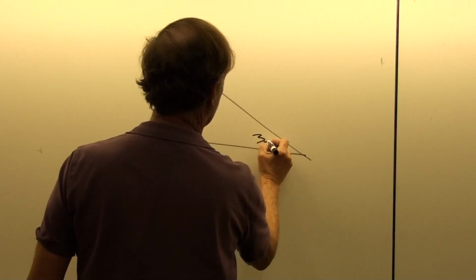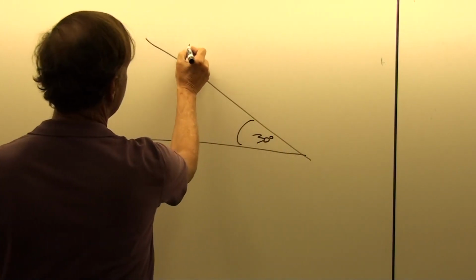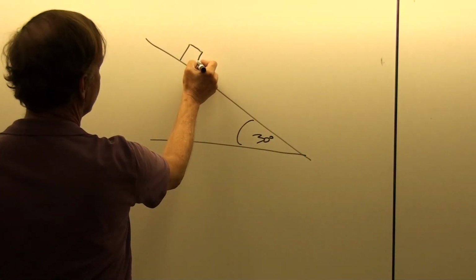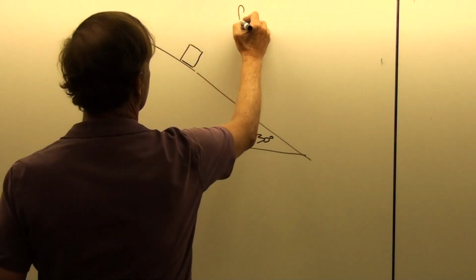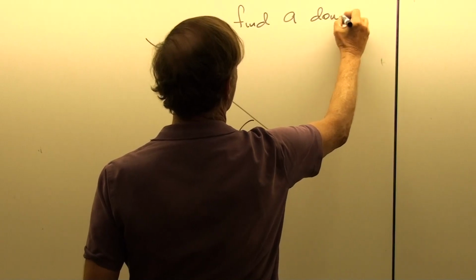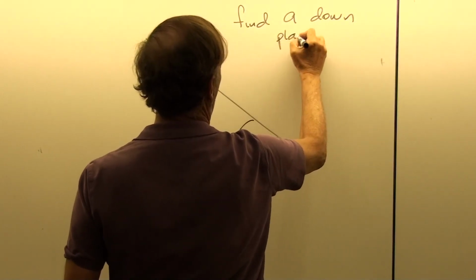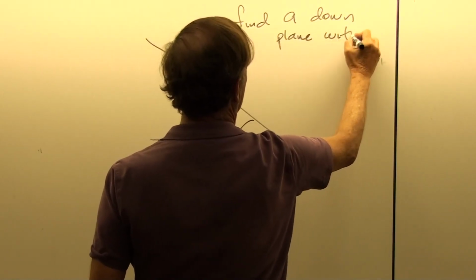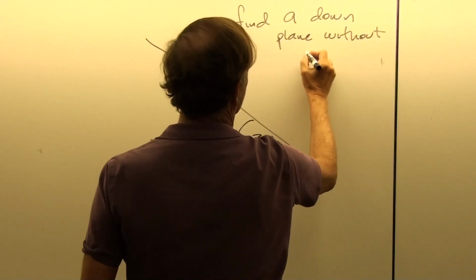Let's make this angle 30 degrees. And let's have a mass sliding down a frictionless inclined plane. Let's find the acceleration with no friction.